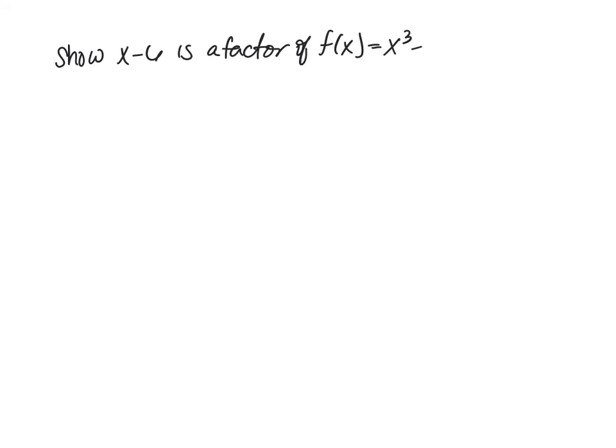Okay, and then our next example is show that x minus 6 is a factor of f of x equals x cubed minus 5x squared minus 6x, and then factor completely.